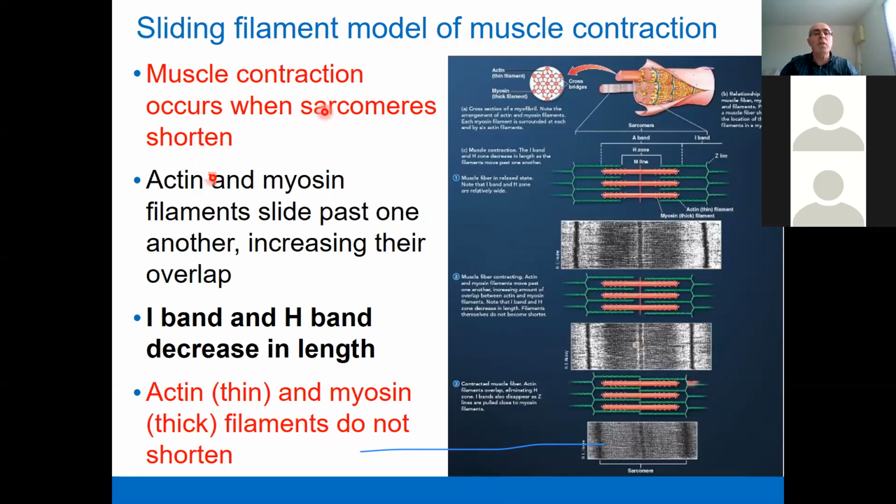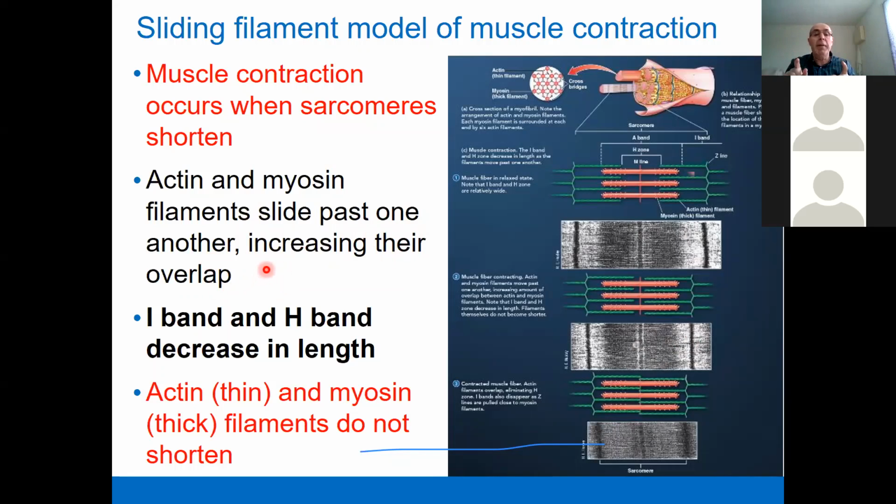A muscle contraction occurs when the sarcomere shortens, okay? As you see here, this is a normal relaxed sarcomere. Okay, when the muscle contracts, this sarcomere will shorten, as you see in the bottom of these pictures. Okay, actin and myosin filaments slide past one another and increase their overlap.